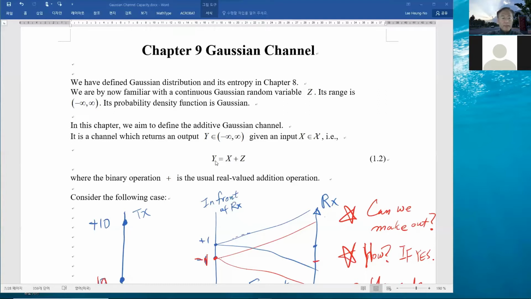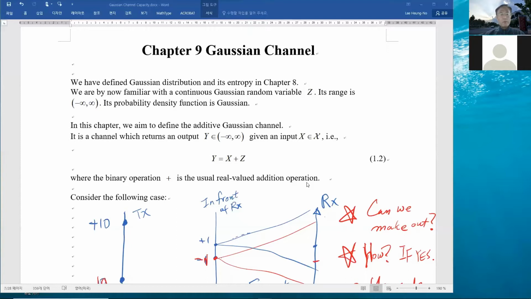So Y is the received symbol, X is the transmitted symbol, Z represents the noise added to the transmitted symbol X. So this binary operator plus is the usual real valued addition operation.